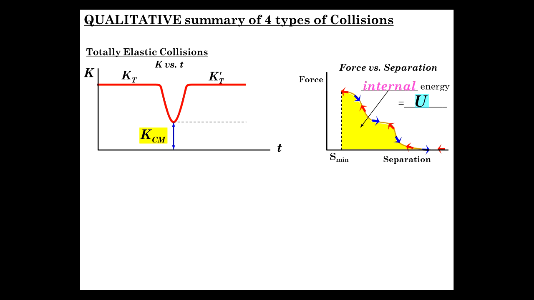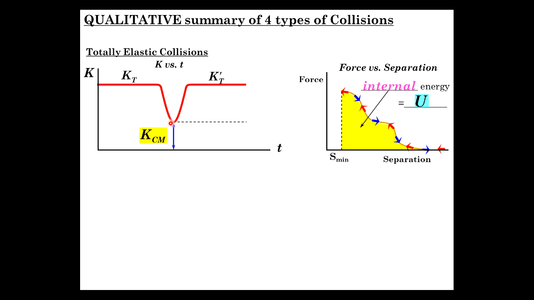So if we figure out the kinetic energy of the center of mass, that's at this point, because both masses are moving at the same speed, that kinetic energy of the center of mass is a constant. I know it's the first time you've heard that, but it makes sense, right? Since the velocity of the center of mass is constant, so is the kinetic energy of the center of mass.